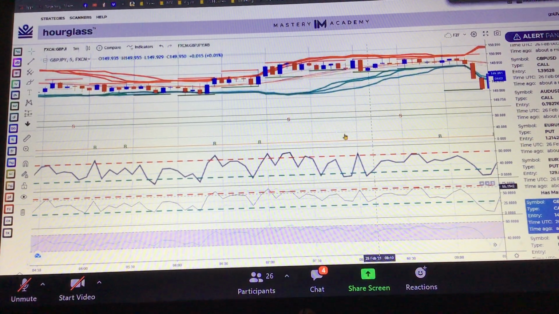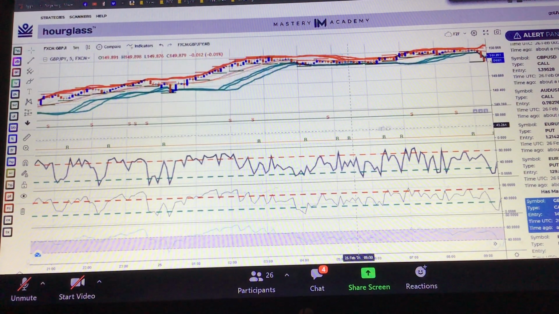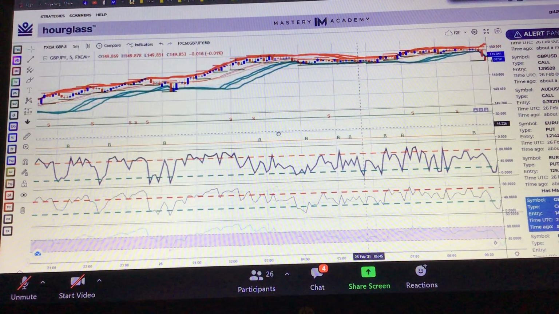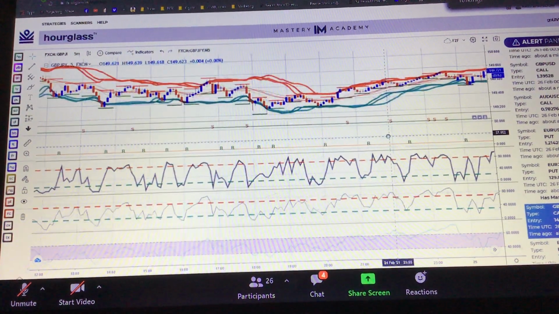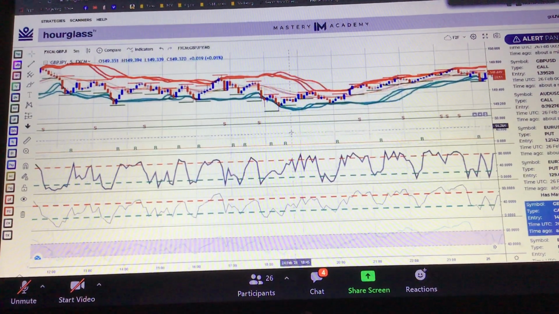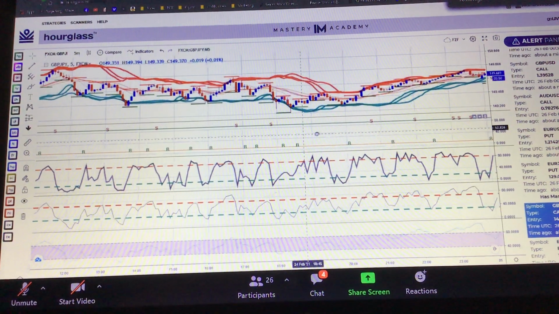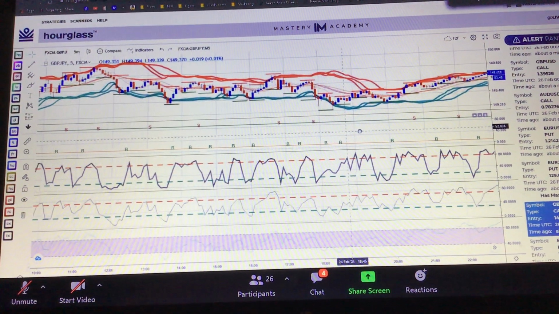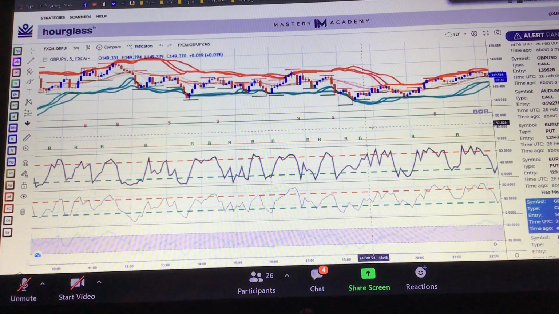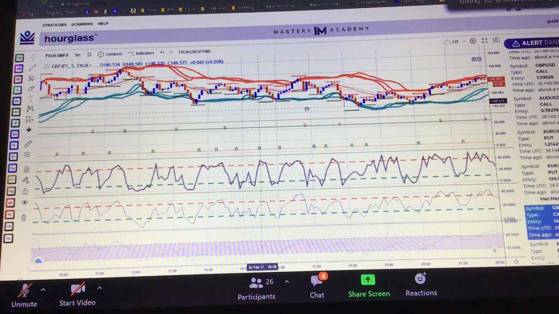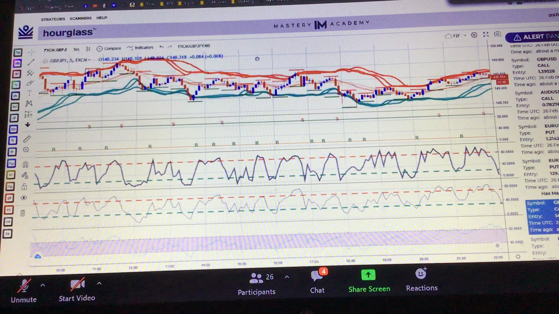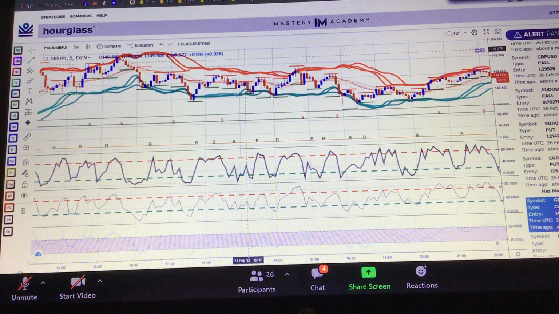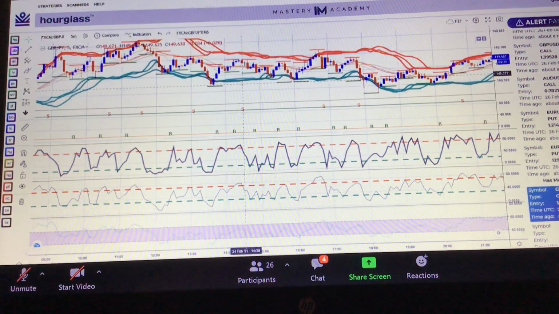This might be easier if I take it to TradingView. Okay, perfect. So this is what I mean by divergence. Okay, guys, if you're seeing the market, this is what I'm seeing right here.